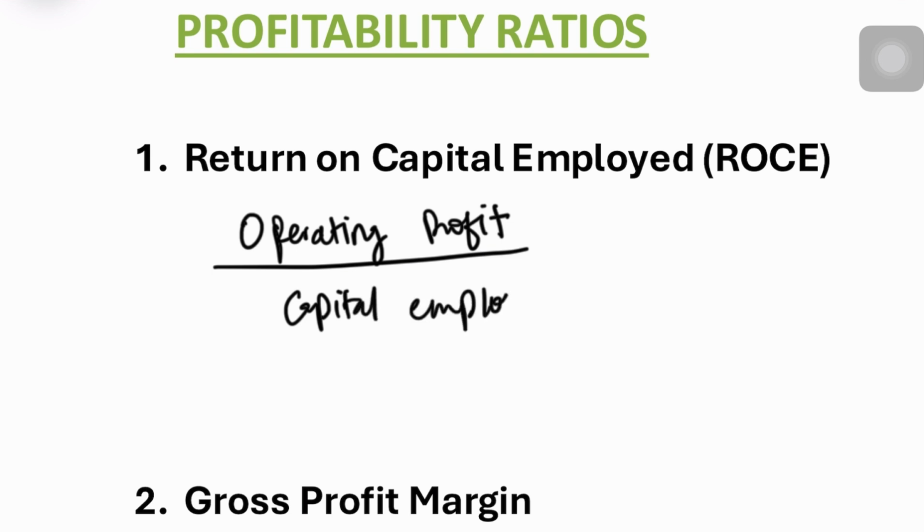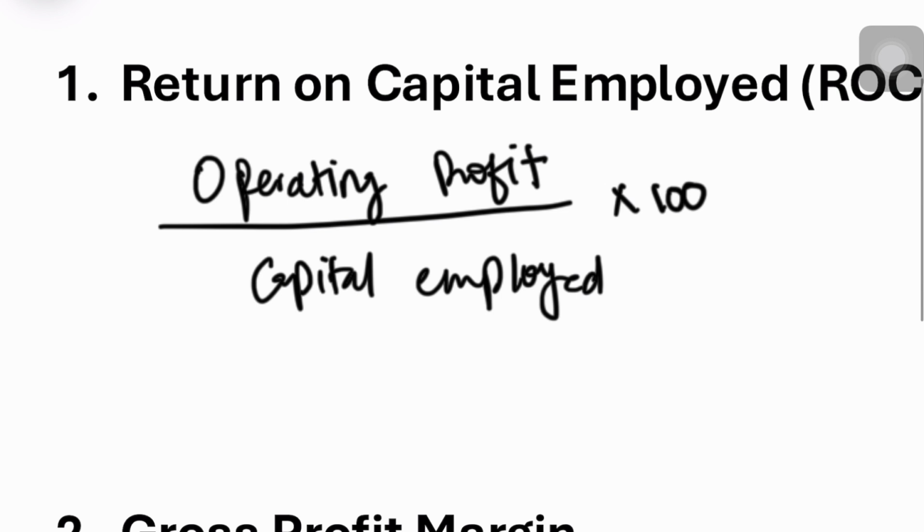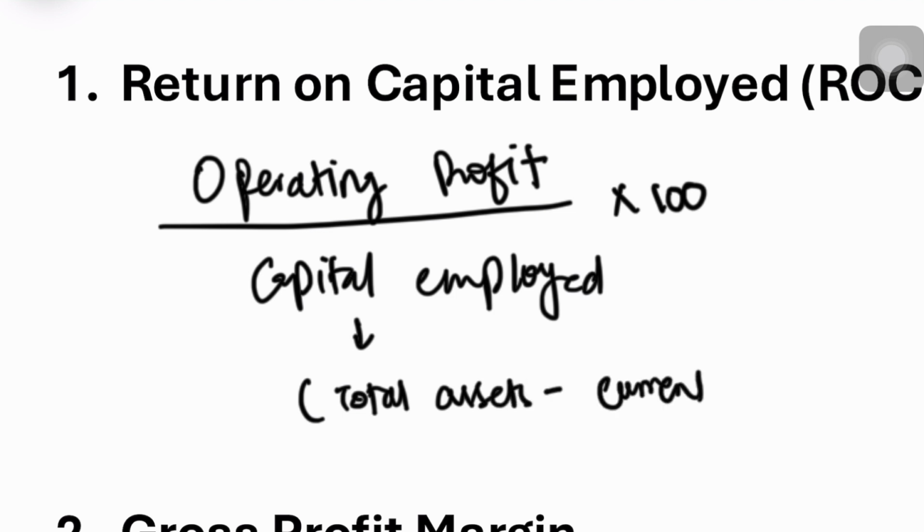It basically assesses how much profit is being earned in relation to the capital that was invested into the business. Also, how do you calculate capital employed? You calculate it by total assets minus current liabilities.